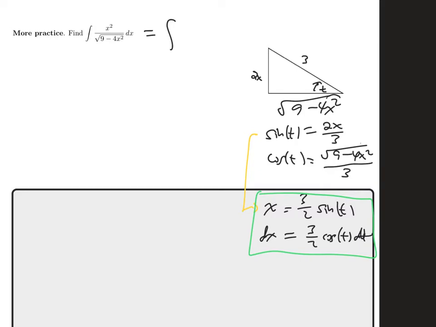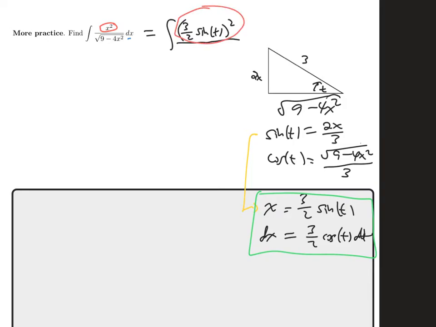In the numerator of this integral, I have x squared. And so remember, x is 3/2 sine of t, so that'll be squared. So that is the x squared part. The x squared part becomes this part.